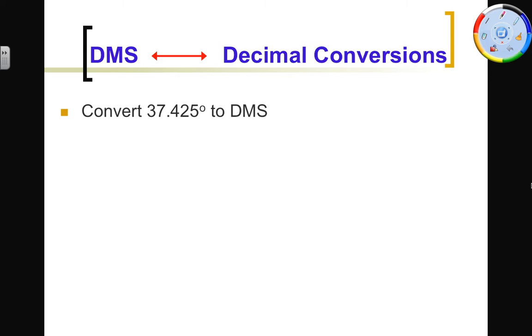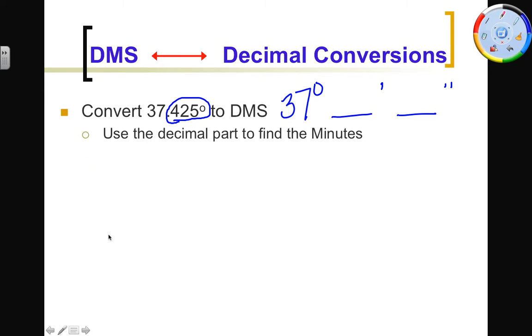You could look at this and go, oh, this is 37 degrees, some minutes, and possibly some seconds. The reason I know it's 37 degrees is because it says 37 degrees and a little bit more. So we're going to use the conversions we were just looking at, and look at the decimal part to find the minutes.